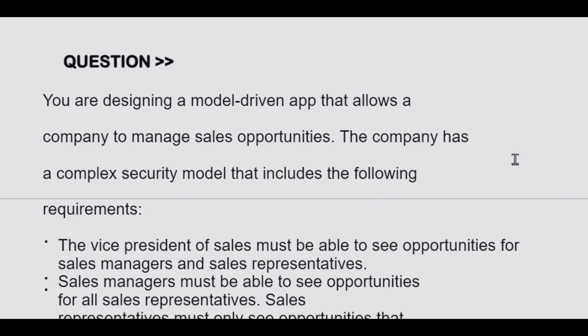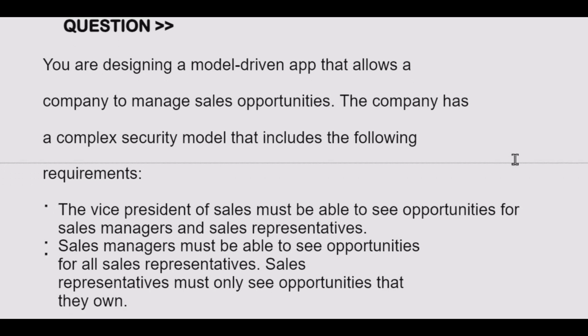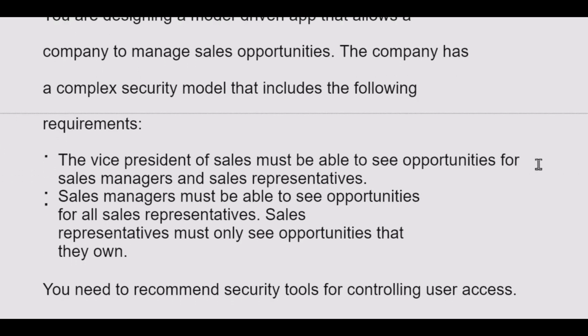Our next question is, you are designing a model-driven app that allows a company to manage sales opportunities. The company has a complex security model that includes the following requirements. The Vice President of Sales must be able to see opportunities for sales managers and sales representatives. Sales managers must be able to see opportunities for all sales representatives.